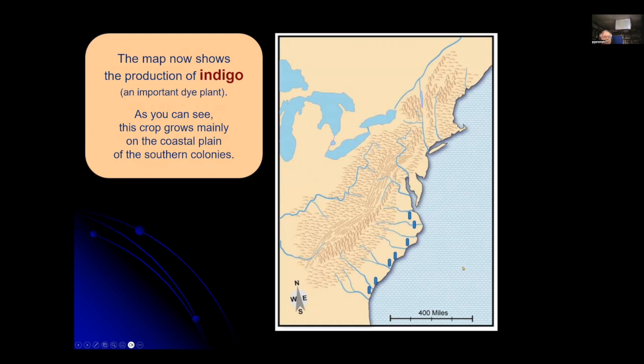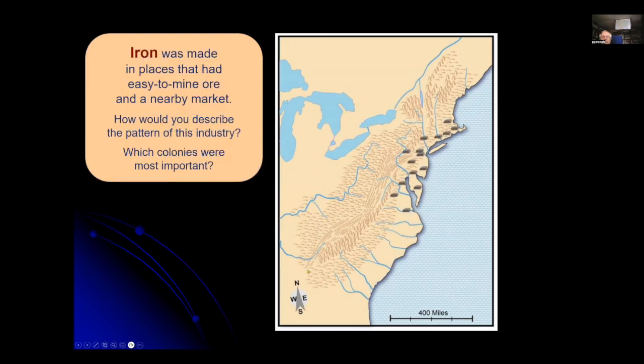The South was making a lot of money selling a couple crops like tobacco and indigo that required a lot of hand labor, but really didn't have very many spin-offs. Meanwhile, the North was the place where you could mine and process iron, and iron would have a lot of spin-offs.